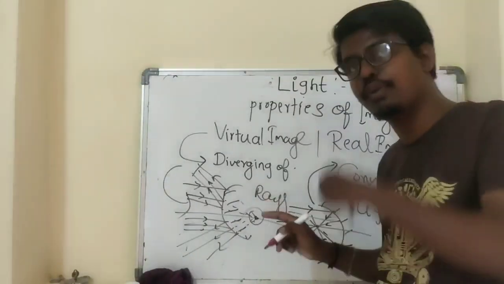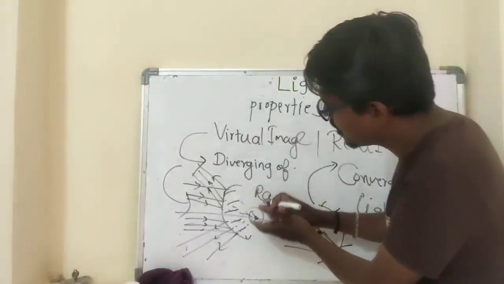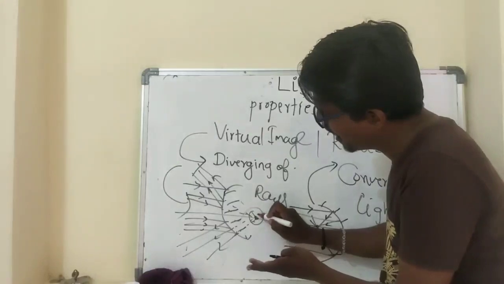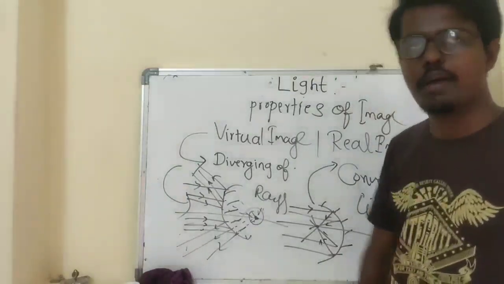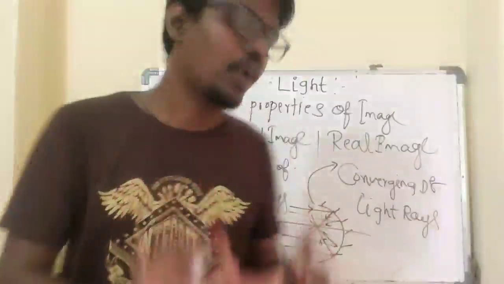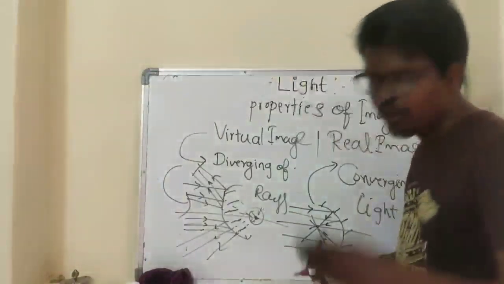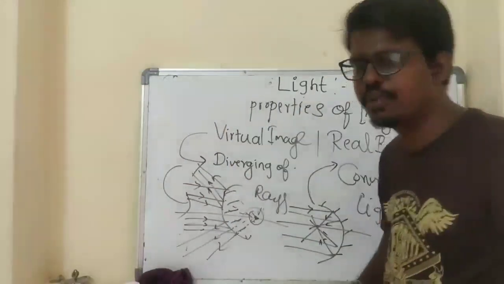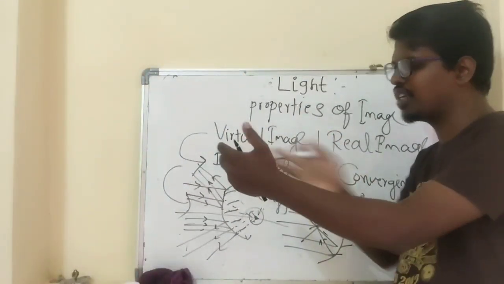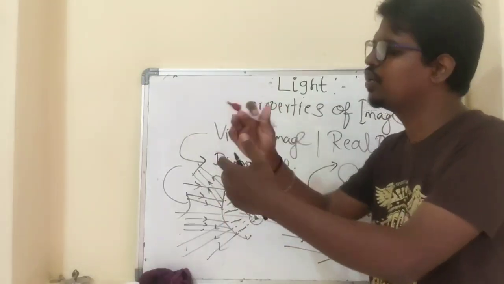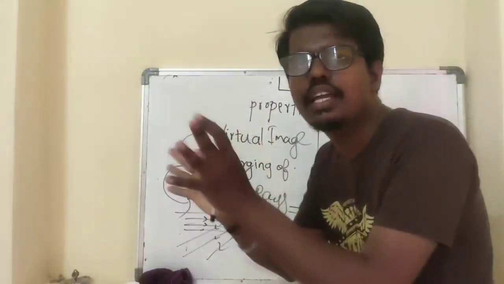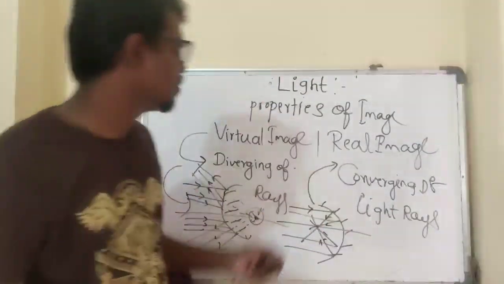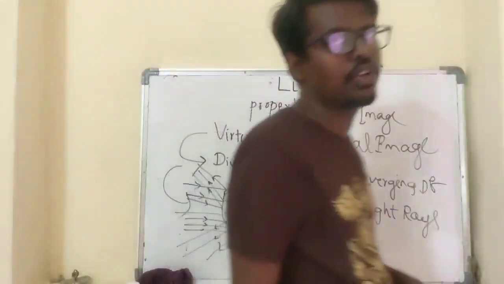This point is the principal focus. By diverging of these rays, we get a virtual image. You can take your book, draw some reflected rays for a convex mirror, and you will observe that the rays are diverging. The virtual image is formed by diverging rays of light, and converging of light forms a real image.